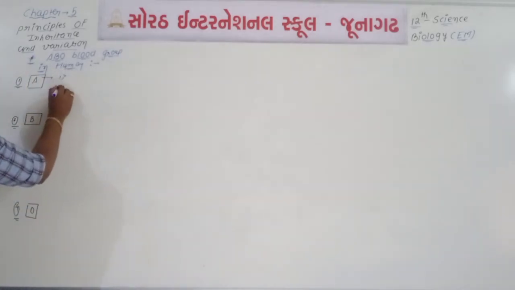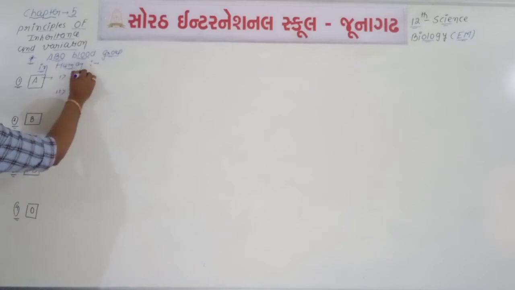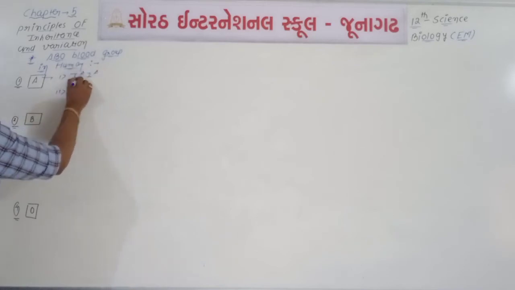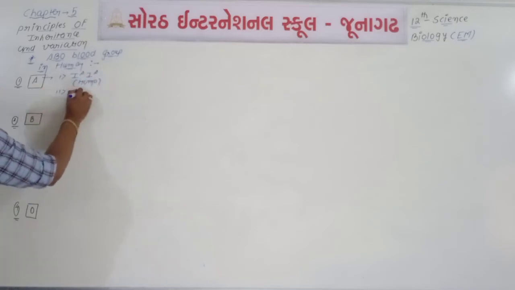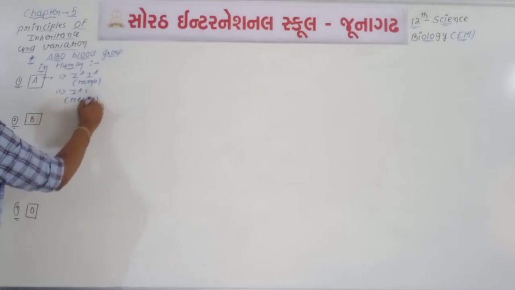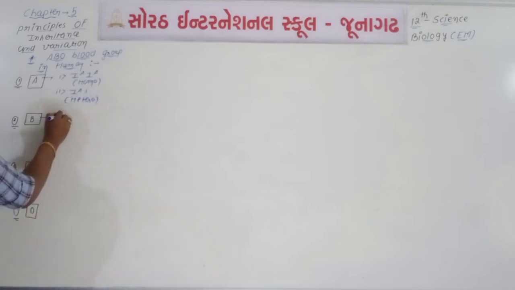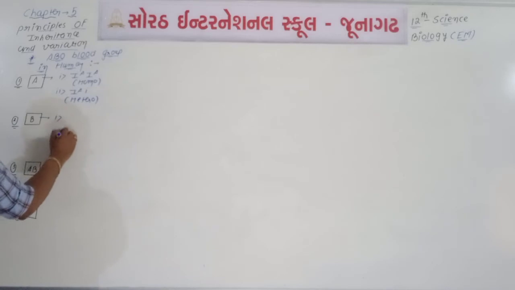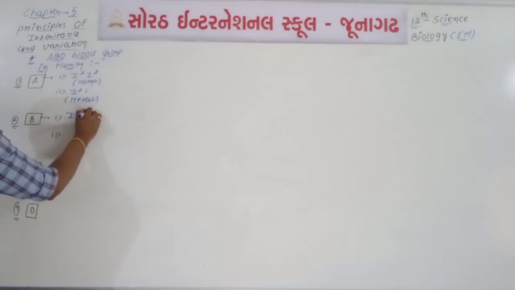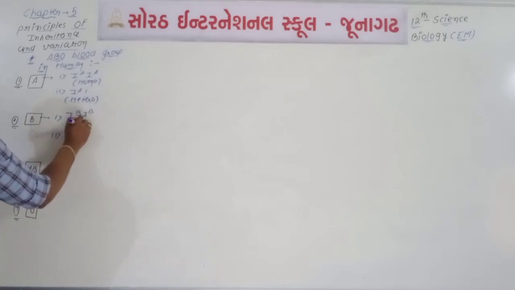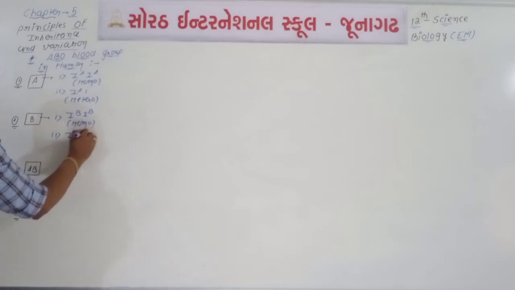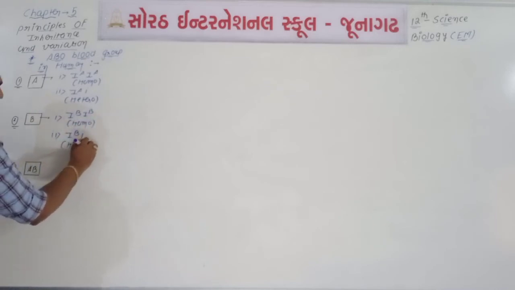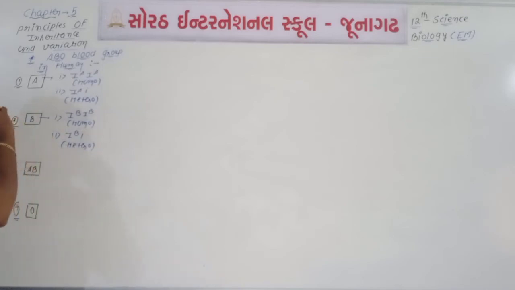For blood group A, 2 options are there: IA IA, which is homozygous type of genotype, and second option IA small i, which is heterozygous type of genotype. For blood group B, also 2 options are there: IB IB, homozygous type of genotype, and IB small i, heterozygous type of genotype.